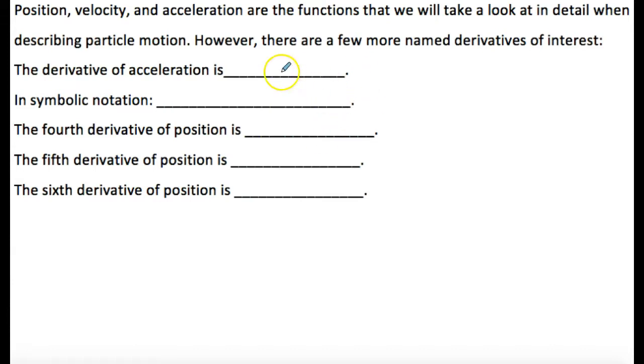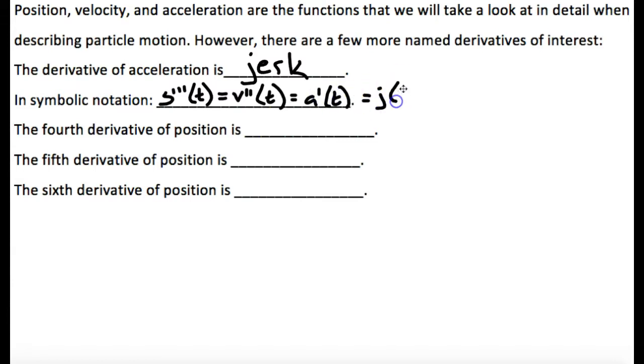The derivative of acceleration, okay, is actually called jerk. This one you might see a little bit. So symbolically, this is saying the third derivative of position is equal to the second derivative of velocity, which is the derivative of acceleration, which is jerk.